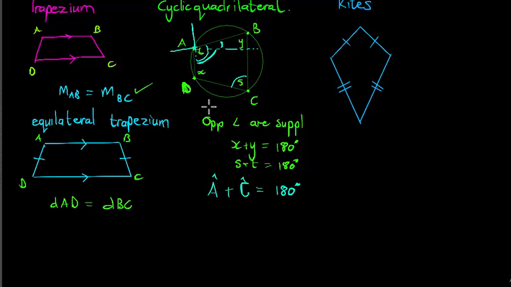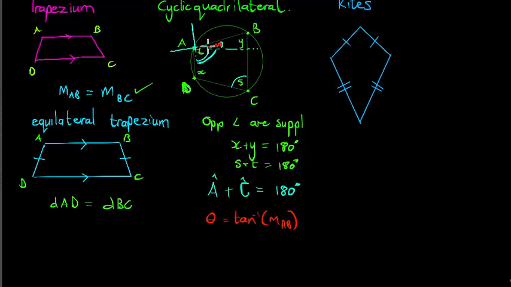Just as an example, sorry, I'm rambling. I will take theta as arctan of the gradient between A and B. This is just an example for this specific layout of these points, and that will give me this angle here.